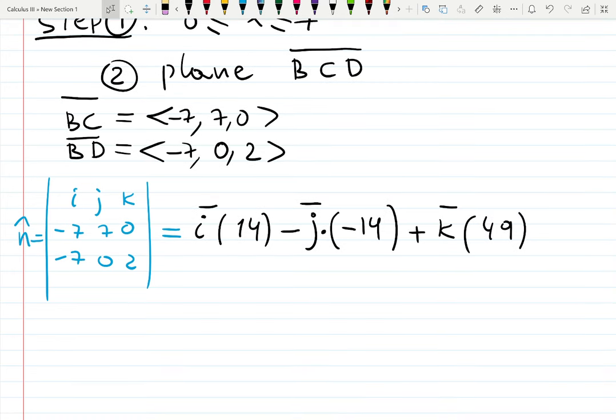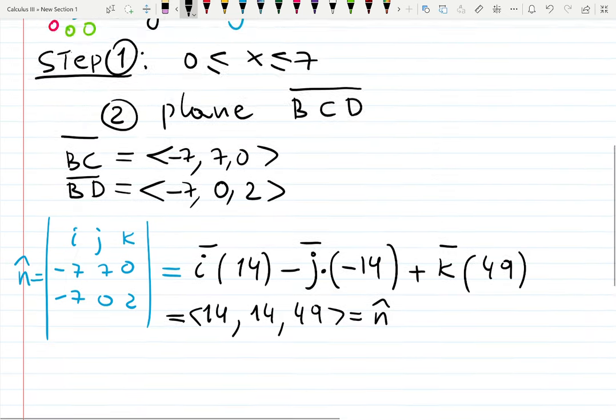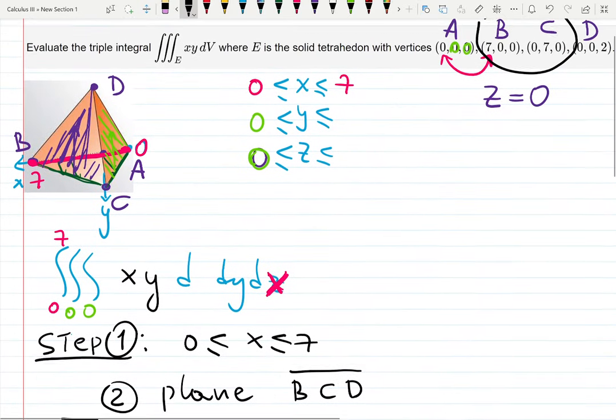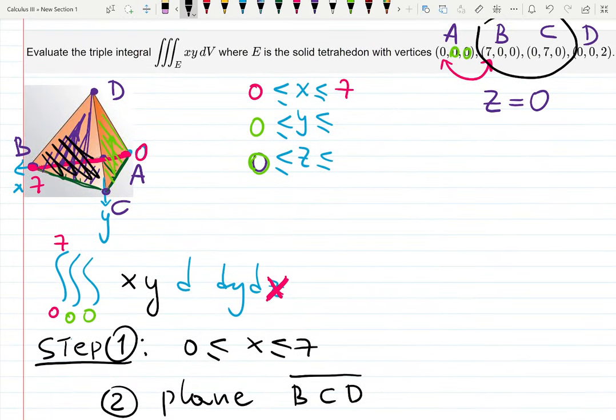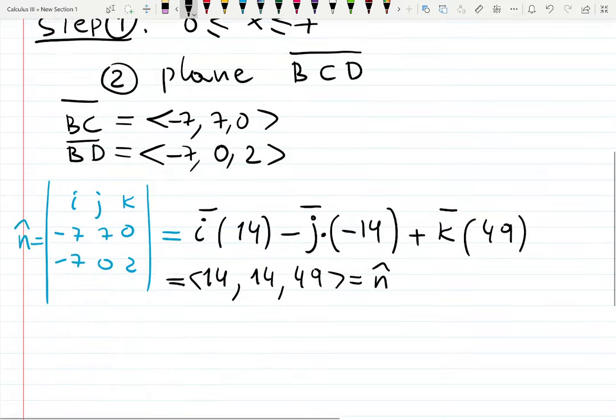So it's plus 49. So that can be written as 14, 14, 49, and that is my n. What is n? Normal vector sticking out from the plane. So it's the tilted plane, as you understand. I used CBD plane points over here, so this is the plane.